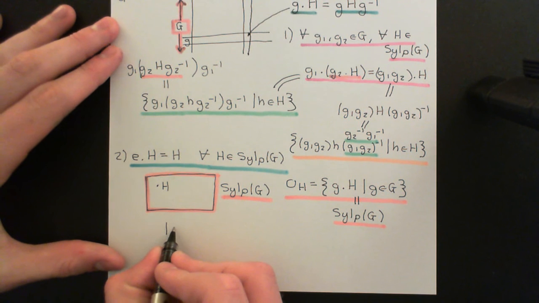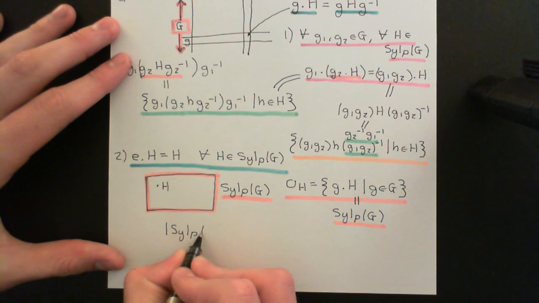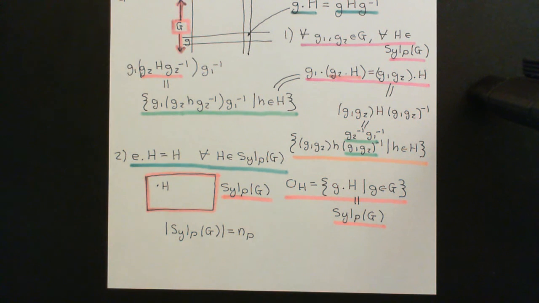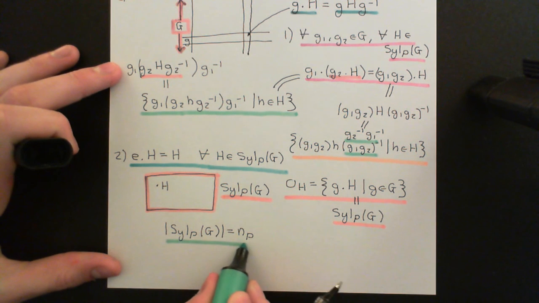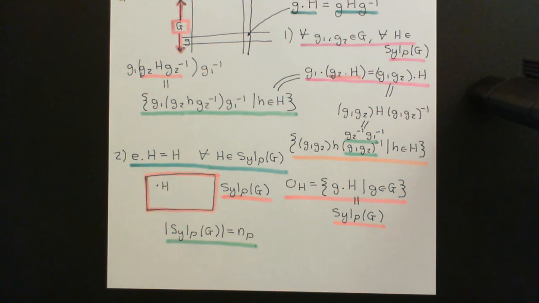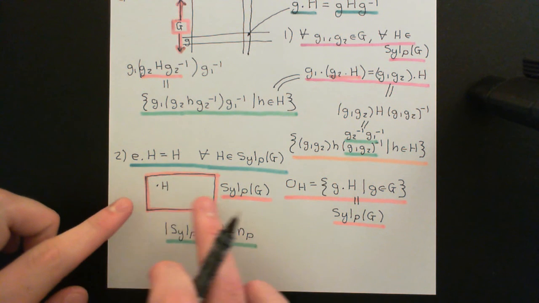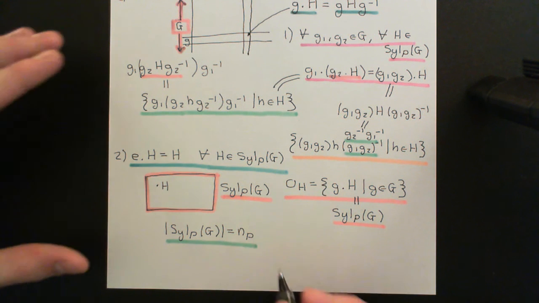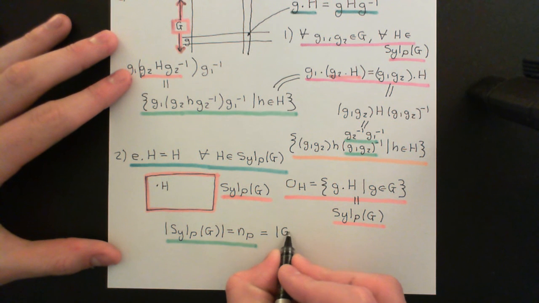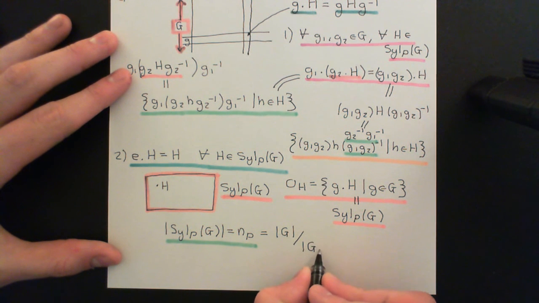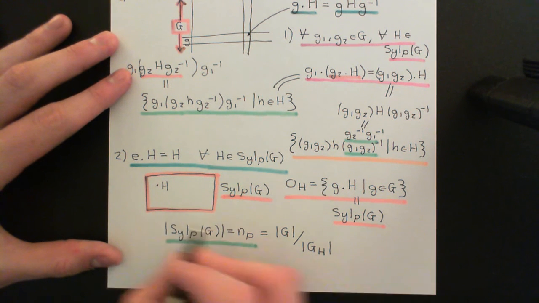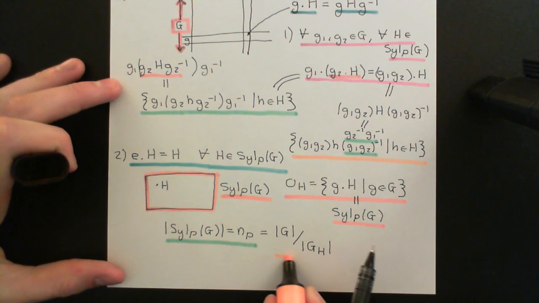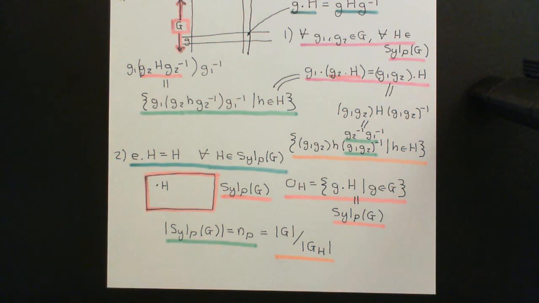So we can say that the order of this one orbit, which of course is the order of the set of all Sylow P subgroups of our group capital G, which is this number n_p, the number of Sylow P subgroups in the group capital G, is going to be equal to the number of left cosets of the stabilizer of an element within the set of all Sylow P subgroups of G, in the group capital G. So this is going to be equal to the order of the group divided by the order of the stabilizer of, let's say, this Sylow P subgroup capital H in the group capital G. Again, I've just applied the fact that we're working in a finite group to say that the index can be replaced with this quotient here.